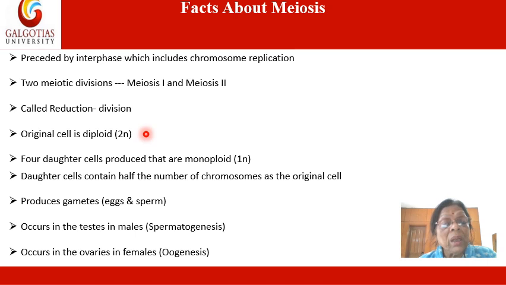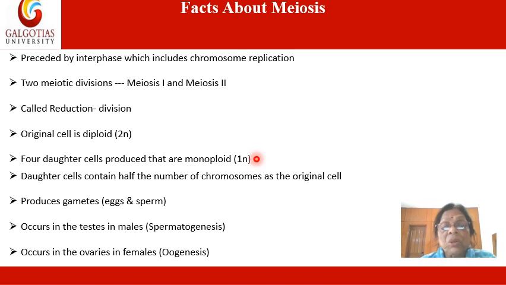So the cell is diploid. Each chromosome has its own partner also.